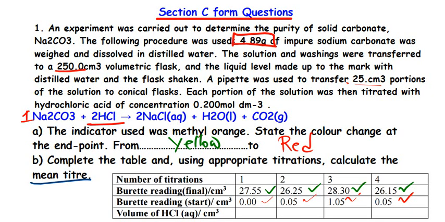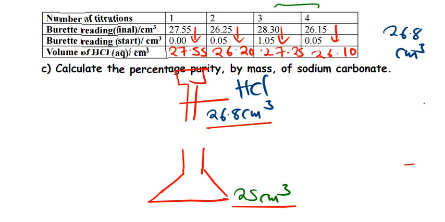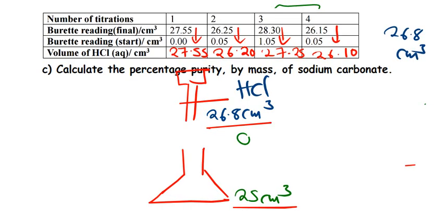If we go back to the question, it said each portion was being titrated with hydrochloric acid of concentration 0.20 mole per decimeter cubed. So the other piece of information we are given is that the hydrochloric acid was 0.2 moles per decimeter cubed.